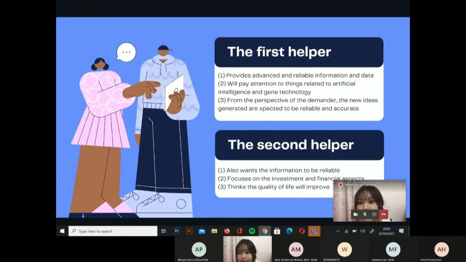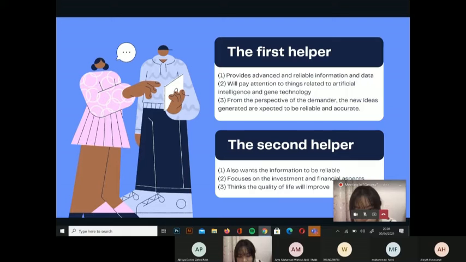The first helper gave us the answer that he provides advanced and reliable information and data. Meanwhile, they will pay attention to things related to artificial intelligence and changing technology.